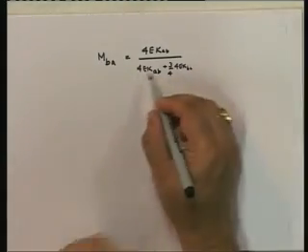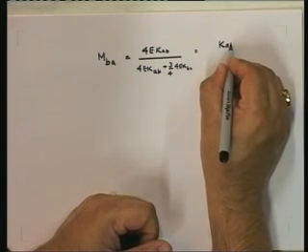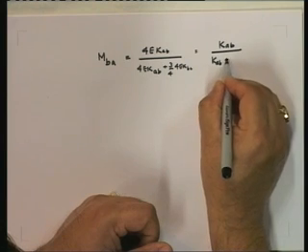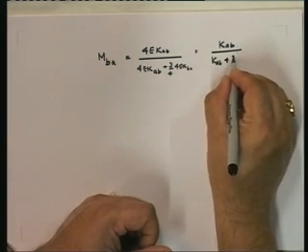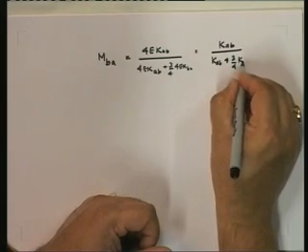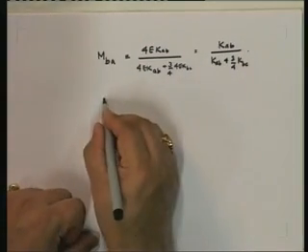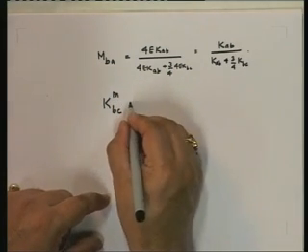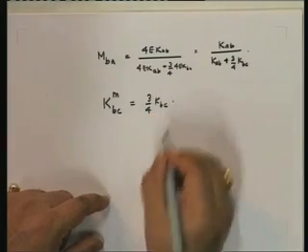Remember that the 4 cancelled, E cancelled, and that's how we got KAB plus KBC in the other case. But here this becomes KAB plus 3 by 4 KBC. So therefore, for a modified member, we can define a K modified, which is equal to 3 by 4 KBC.